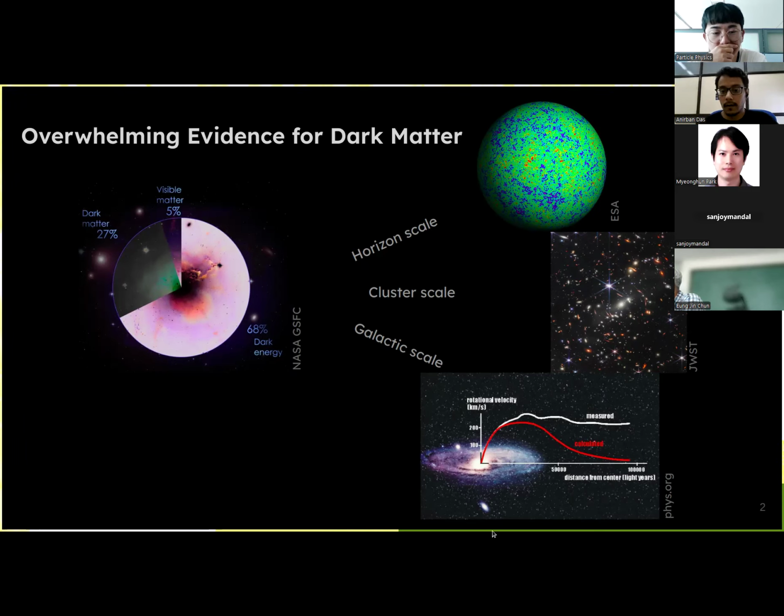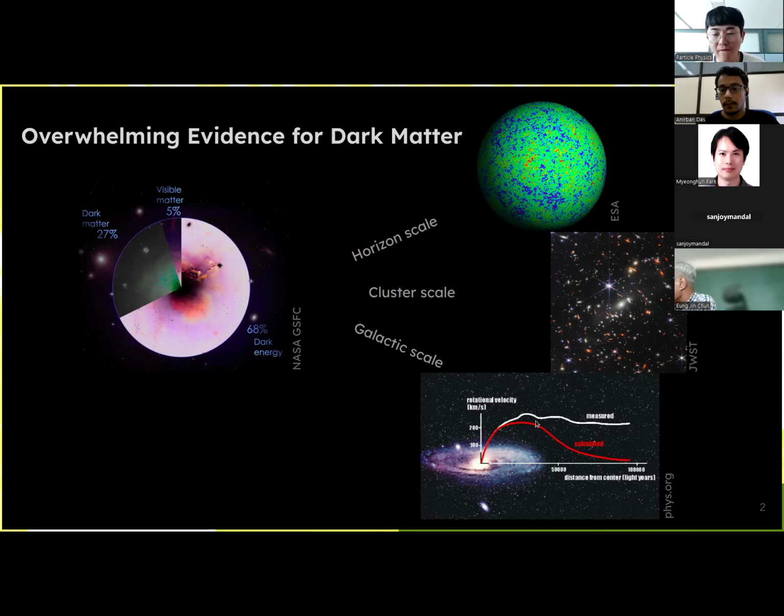This red curve, not to scale, is just a cartoon diagram: the rotation velocity first increases from the center, but then decreases and drops down as there are no more stars after a certain distance.